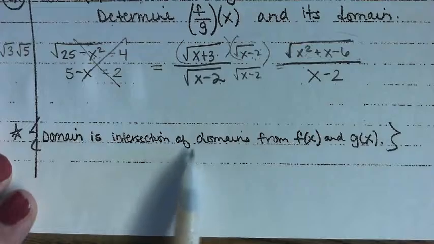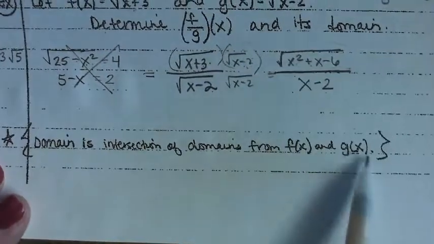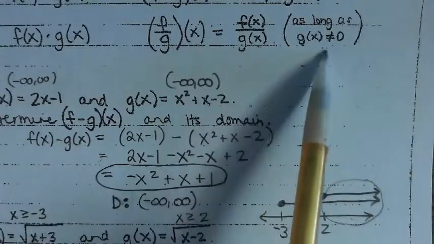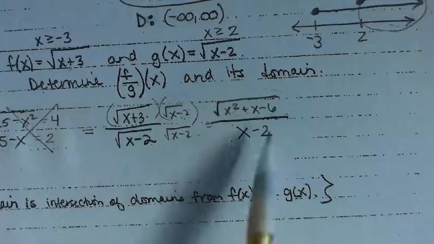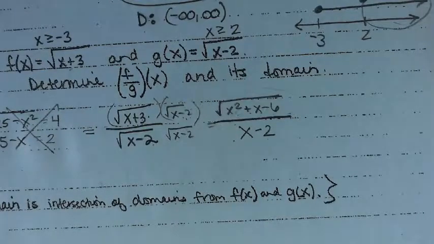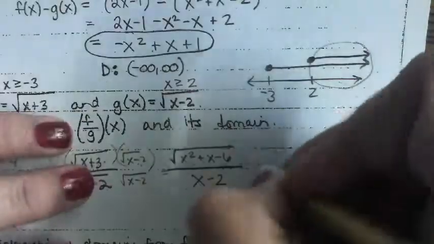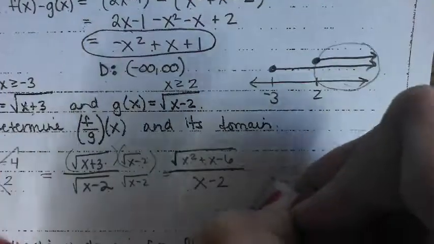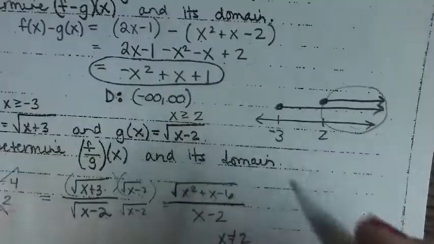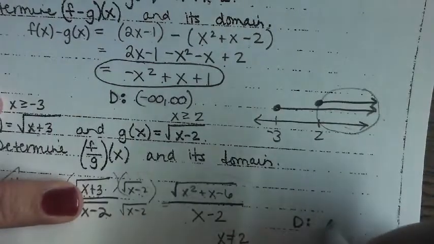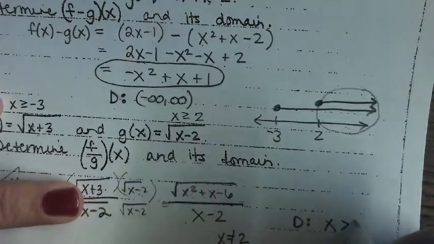The domain is the intersection of domains from f of x and g of x, but in the case of division, that's why I put that little note there. You also have to refrain the denominator from being equal to 0. So I actually also have to write that x cannot equal 2. So our domain is just that x has to be greater than 2.